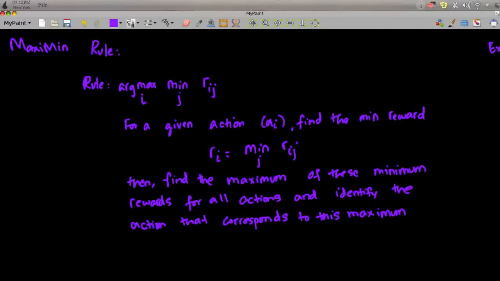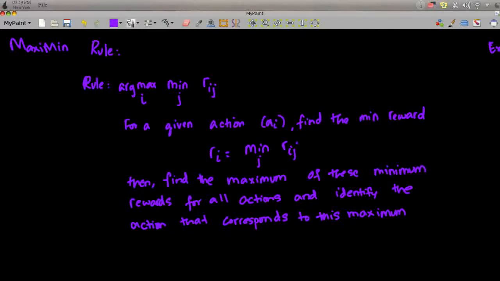In simple terms, we minimize the reward over all states for a given action. Then, for all actions, we find the action that maximizes the minimums that we actually have.